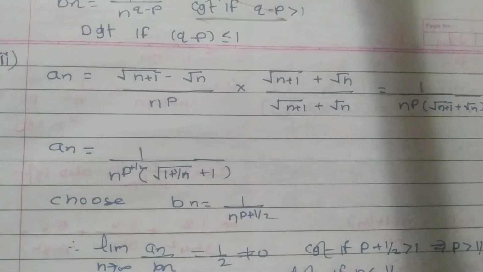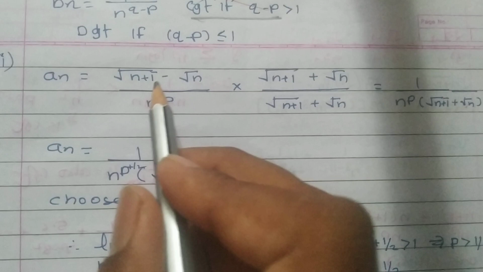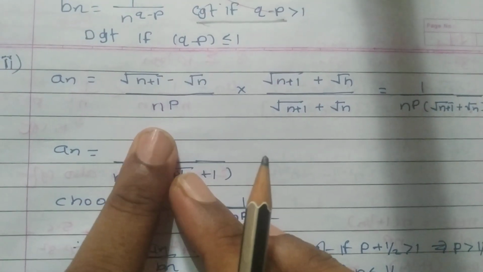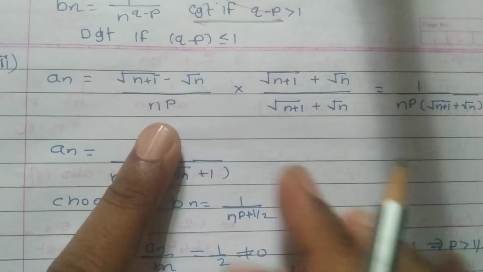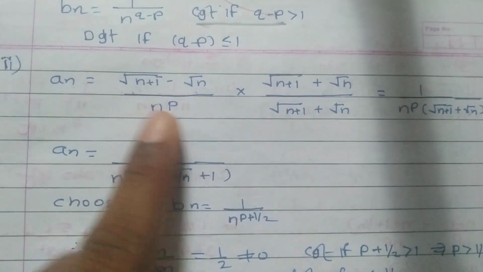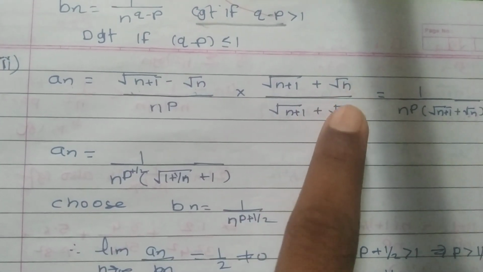Now see the next example. An is equal to under root of n plus 1 minus under root of n, upon n raised to p. Here we must take n outside, or use the conjugate. First we check the conjugate: under root of n plus 1 plus under root of n.